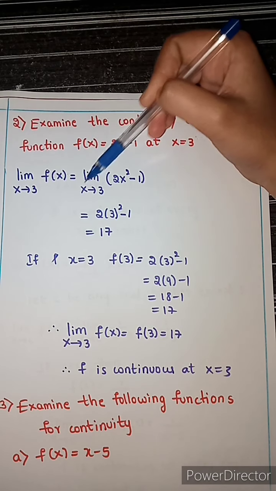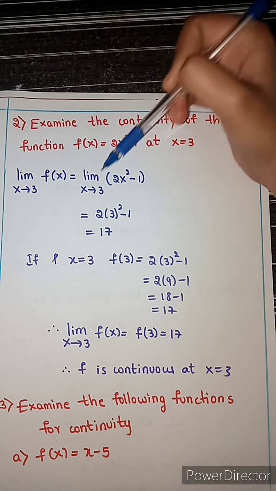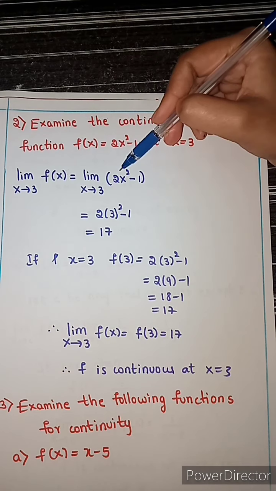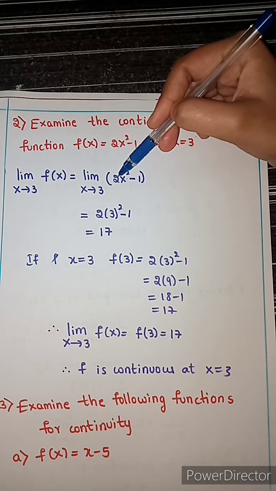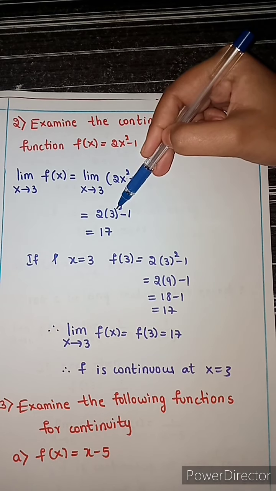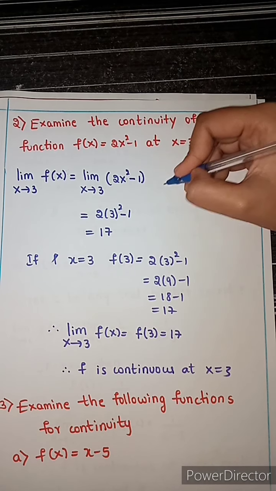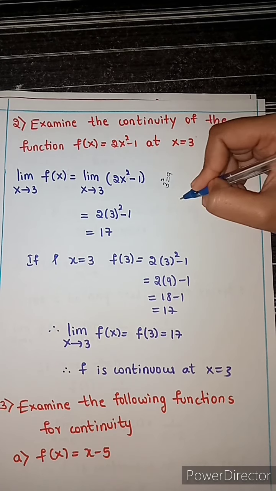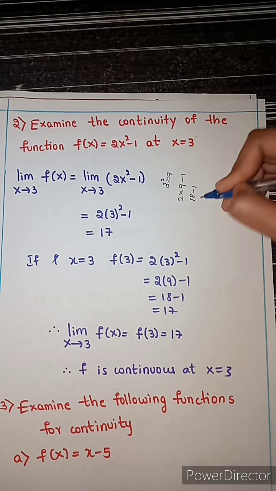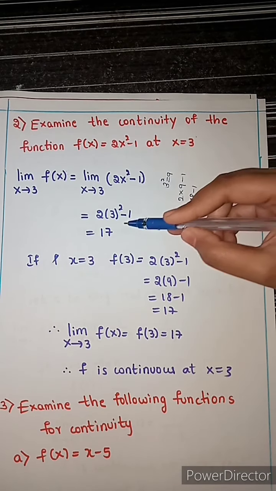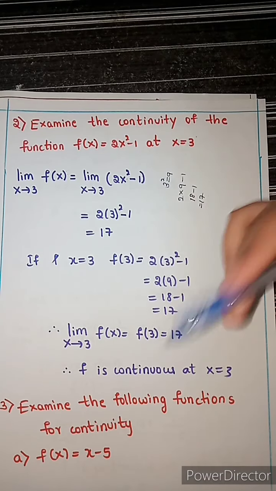Let us apply the limits first. Limit x tends to 3, f of x. Here f of x is 2x square minus 1. Now put 3 in the place of x. 2 into 3 square minus 1. 3 square is 9. 2 into 9 minus 1. 18 minus 1 is 17. Right.